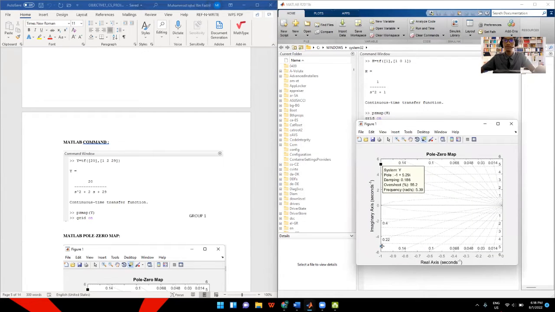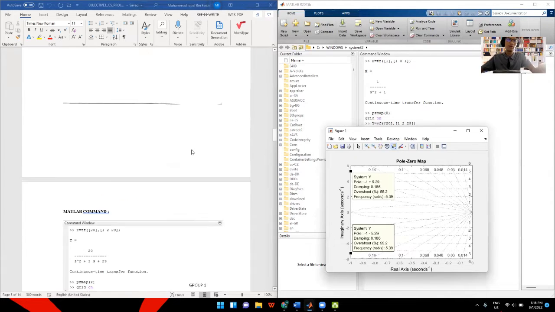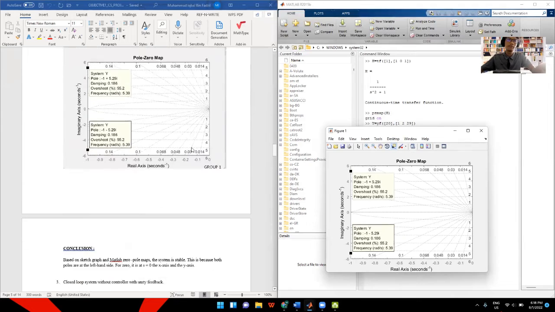This is the value: -1 plus 5.29i, -1 minus 5.29i. So it is the same value from the calculation and the MATLAB.